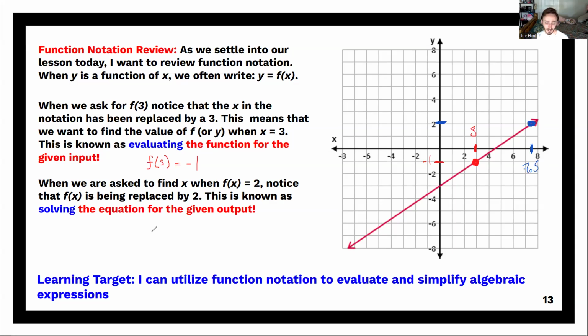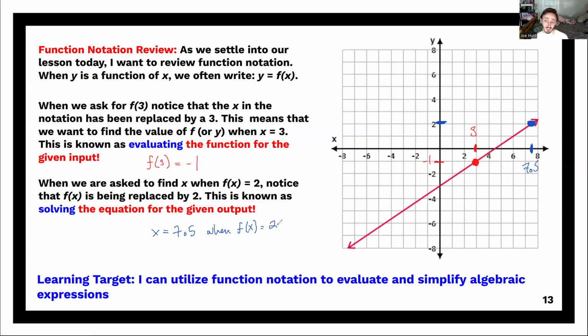In this particular instance, I might say that x is equal to approximately 7.5 when f of x is equal to positive 2, and that might be my final answer. So that is essentially what we mean by solving a function or solving an equation. If we want this desired output, what's the input we need to get it?